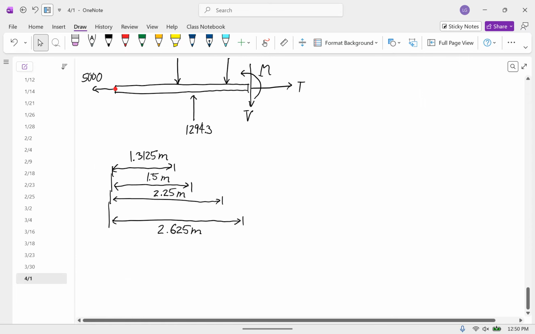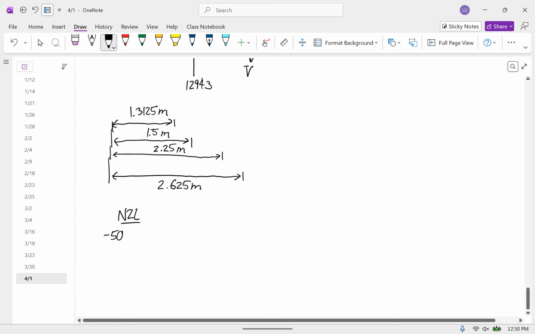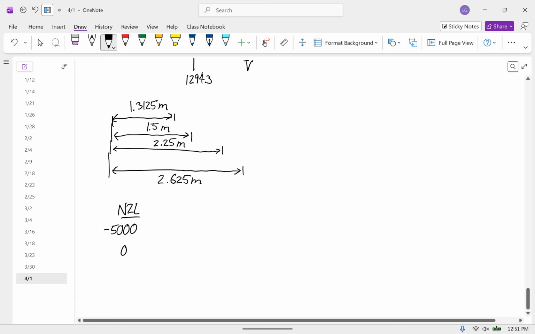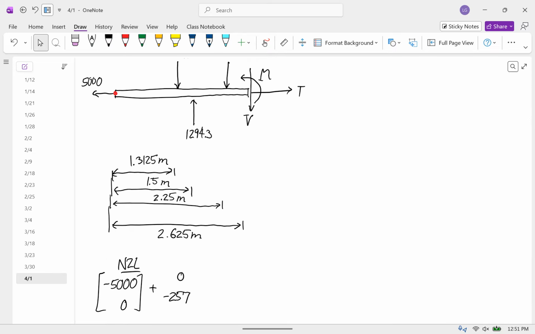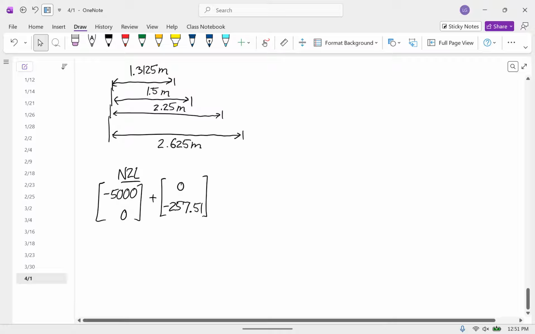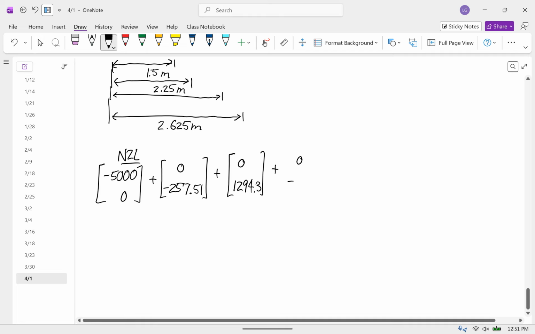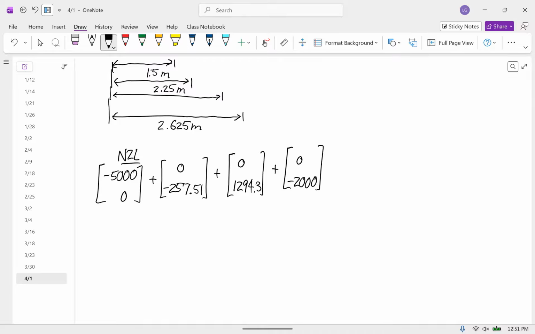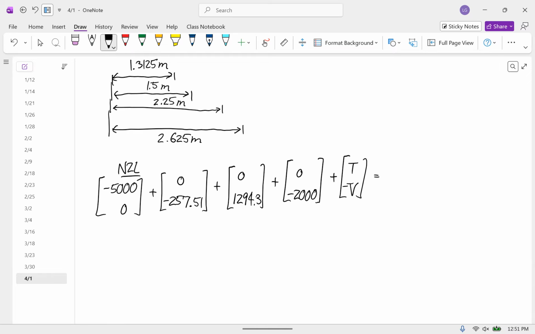All right. So Newton's second law. Negative 5,000 plus 0, plus 0 negative 257.51, plus 0, 1294.3, plus 0 negative 2,000, plus T negative V is equal to zeros.